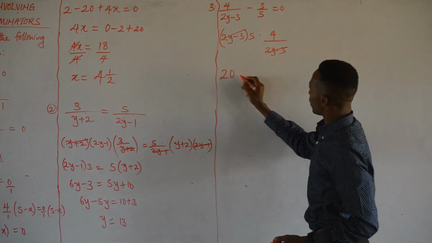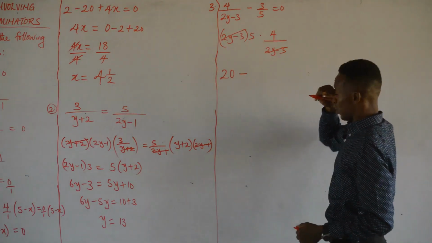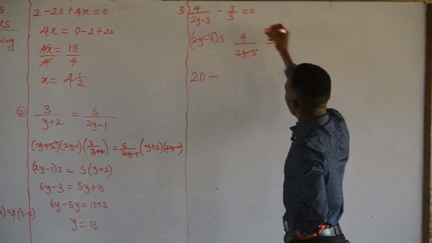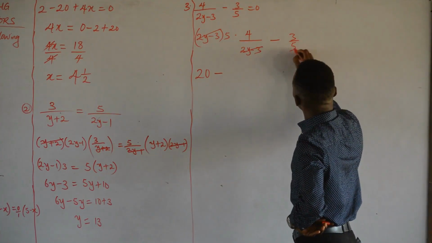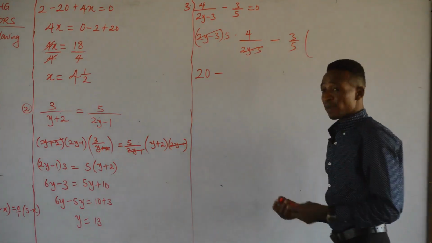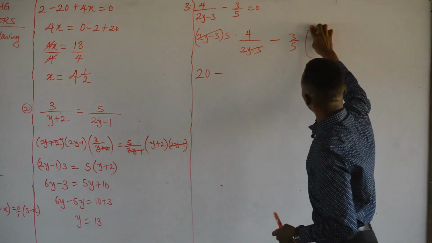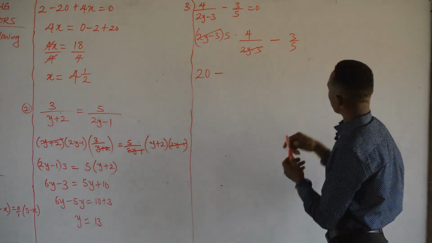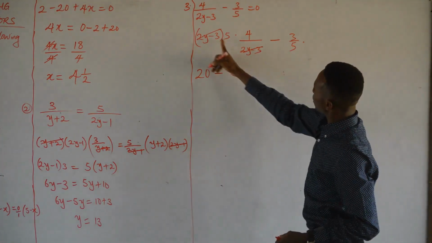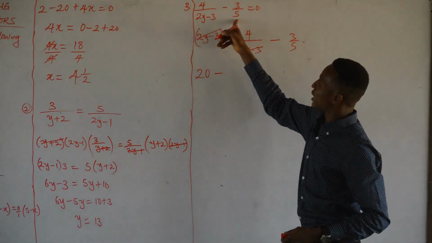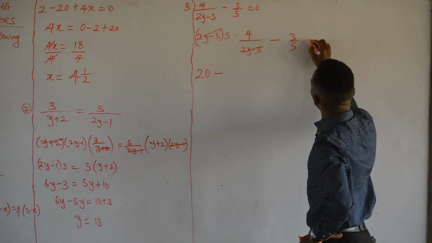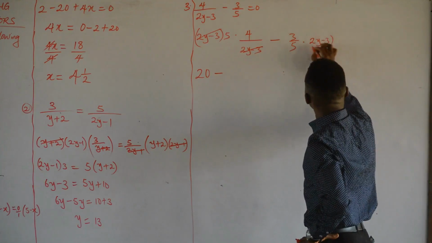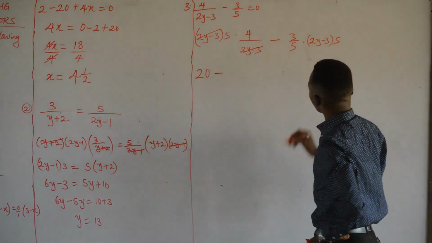Then I go to the other side. This is my minus. I bring the minus down. Then minus, what we have here is 3 all over 5, then into brackets, the dot, the LCM here, which is 2y minus 3 and also 5. So that's 2y minus 3 into bracket 5.